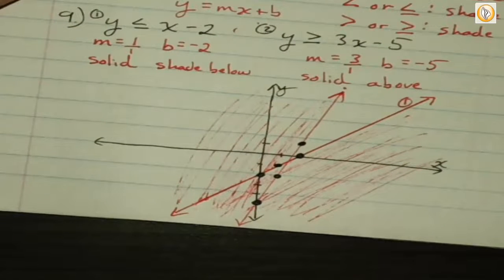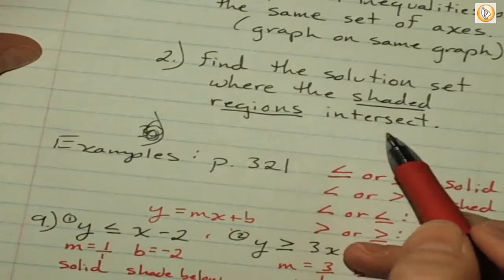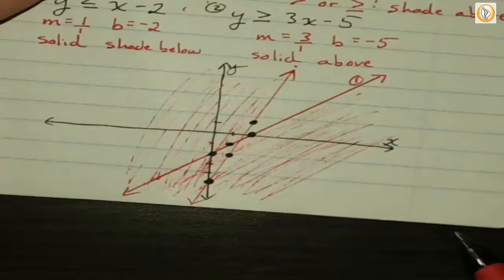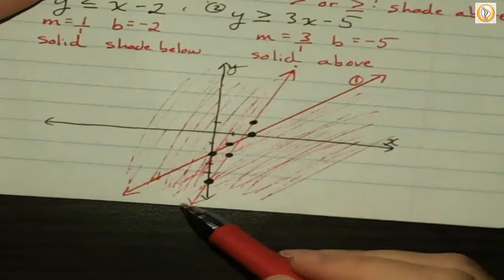Now, once you have this, I want you to look. The area, your answer, the solution set. Find the solution set where the shaded regions intersect. Guys, where the shaded area covers both. Like both shaded areas are covered in the same place.